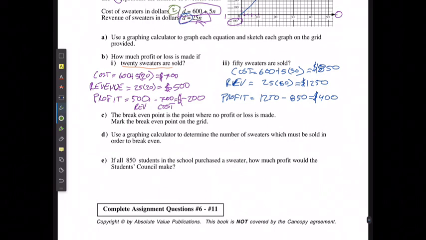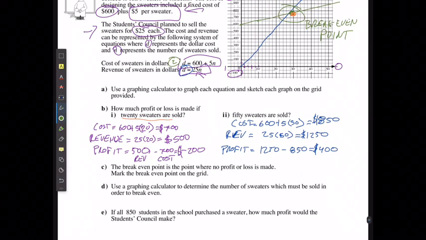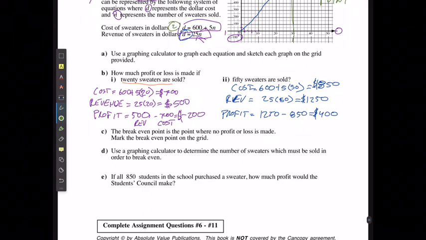If I am going to figure out what the break-even point is on here, well, it looks like the break-even point is about 30. I can put it into my calculator, and then I'm going to see that the X value when it breaks even is going to be 30 sweaters.